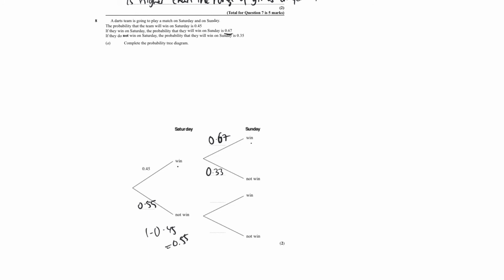Then it goes on to say that if they do not win on a Saturday, the probability that they win on a Sunday is 0.35, sorry, not 0.36. So then you would work that out by doing 1 minus 0.35, which will leave you an answer of 0.65. And that is literally that part.